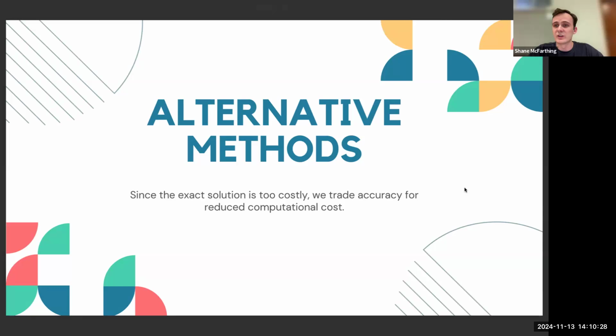Usually, if you're doing an application, you test out the method initially on a smaller, simple system to validate its behavior. But the goal is always to go to more complex systems, because that's where the reward is. So we try to make a trade-off where we reduce the computational cost by sacrificing some accuracy in our method.